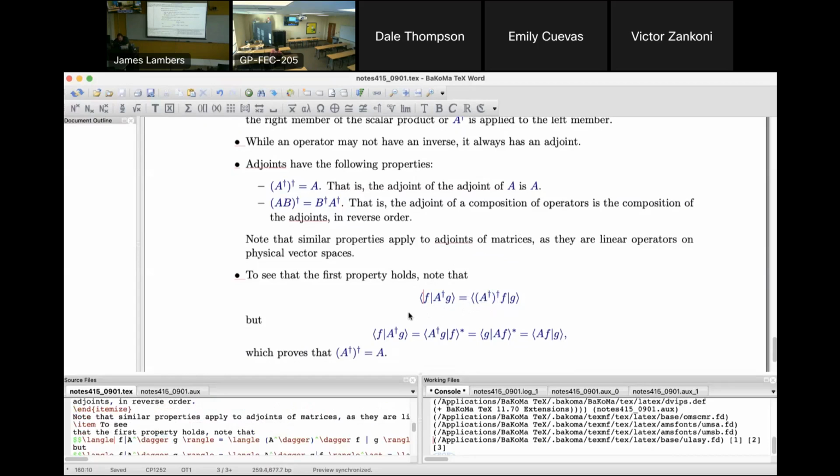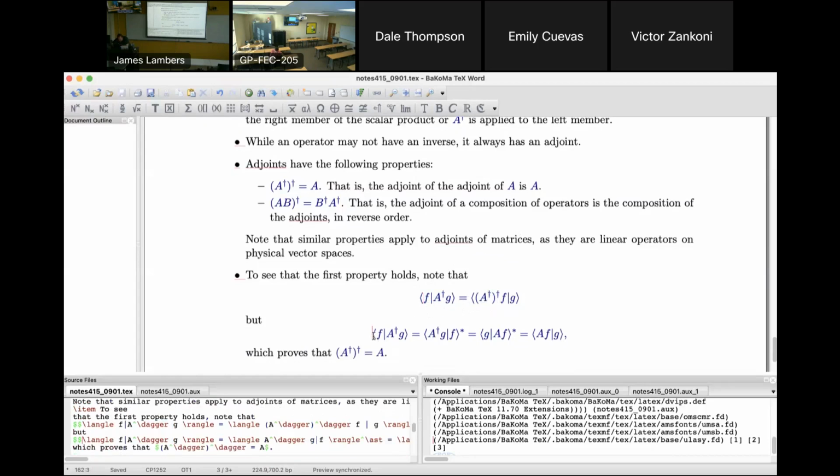But what I can also do, if I start with the same scalar product, is reverse the operands by taking the complex conjugate. But then, by the definition of adjoint, I can move this operator over to f.